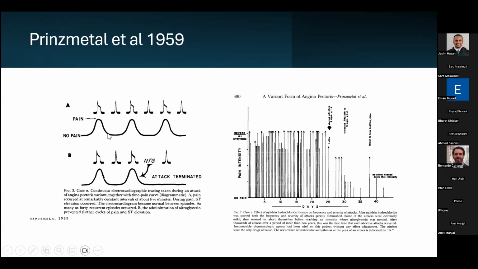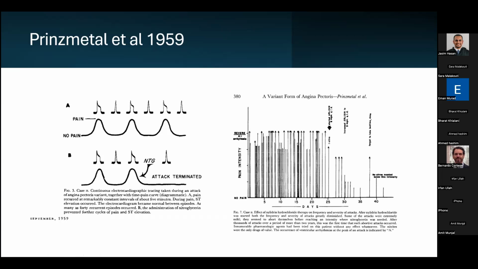We can see that there is a modification in the ECG, and then he gave nitroglycerin, which relieved or terminated the attack. He also kept a logbook for the chest pain, and he introduced vasodilatory medications, where we can see on the right side less arrhythmia, less attacks in this patient.